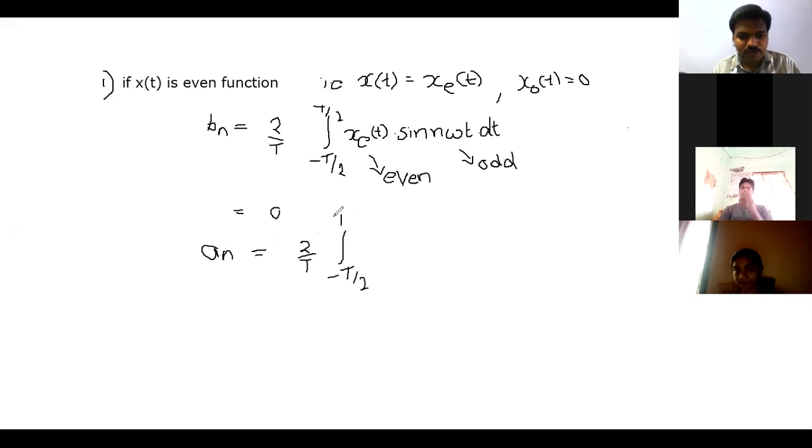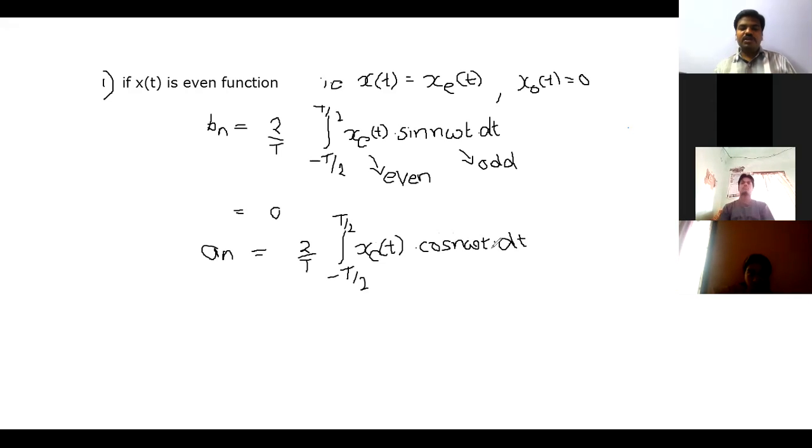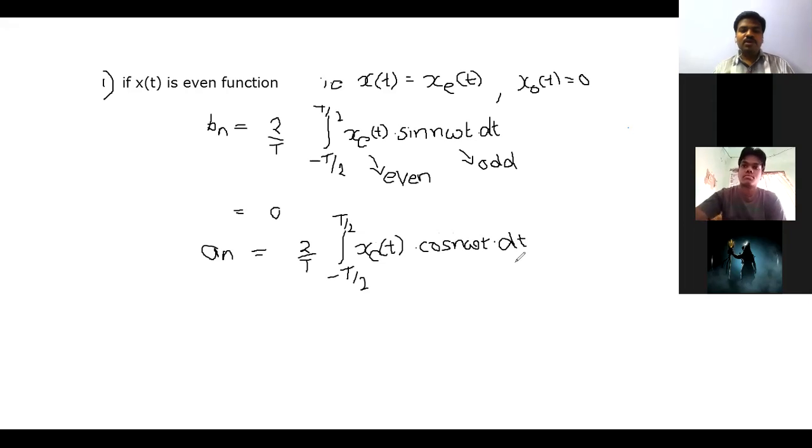So this is the expression for an: x e of t multiplied by cos n omega t into dt. There is nothing new in it. We have just taken a periodic signal and the Fourier coefficients an and bn, which are already derived in the trigonometric Fourier series expansion.